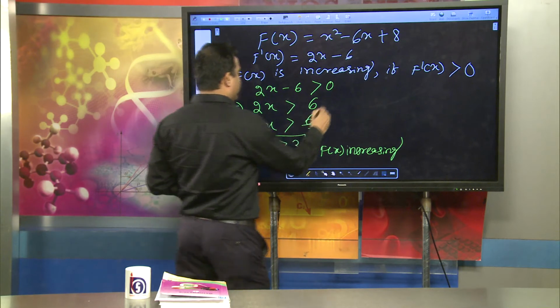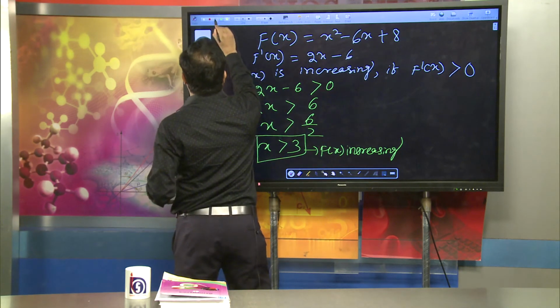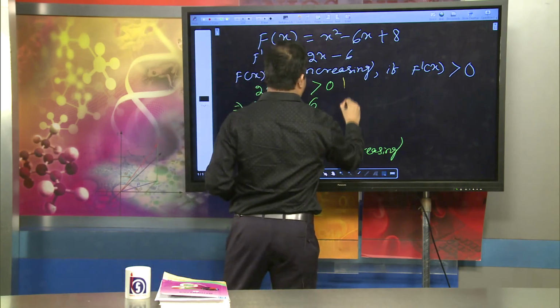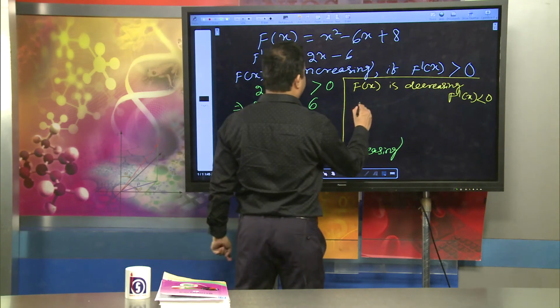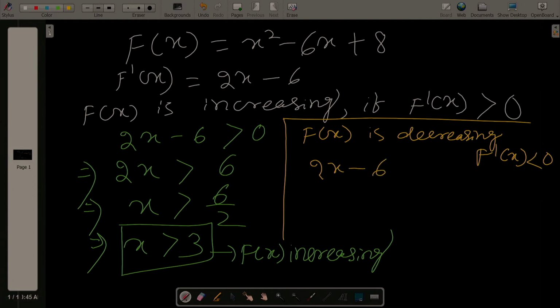And now we are going to show that f of x is decreasing if f dash x is less than 0. That means 2x minus 6 less than 0. So I can write 2x less than 6, x less than 3.